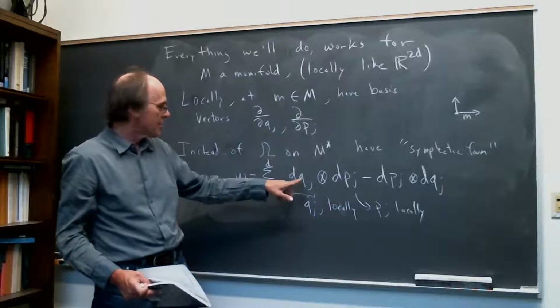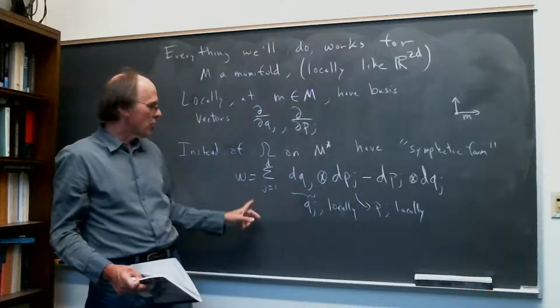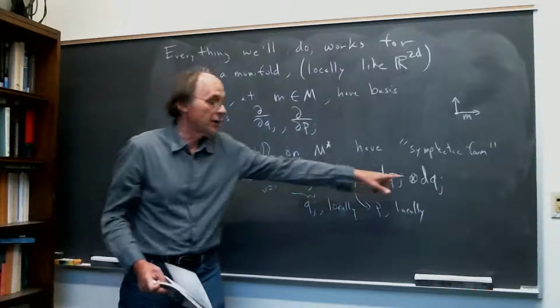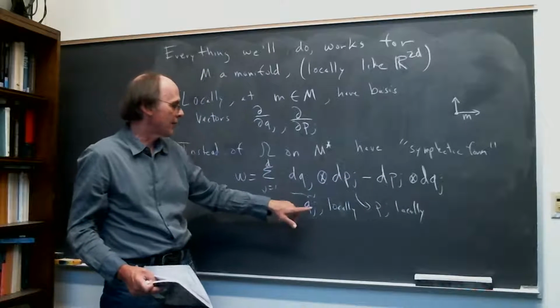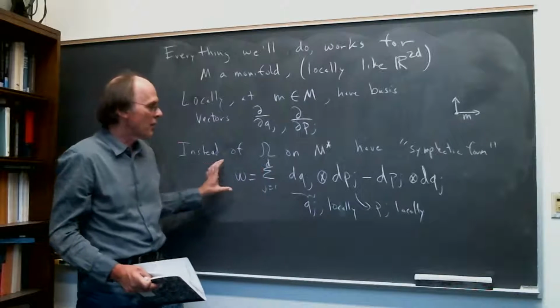This is just saying that you want to construct a bilinear form in this way out of the basis vectors p_j and q_j. I don't want to go more into this.